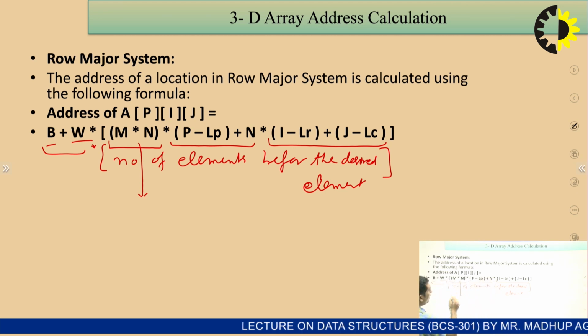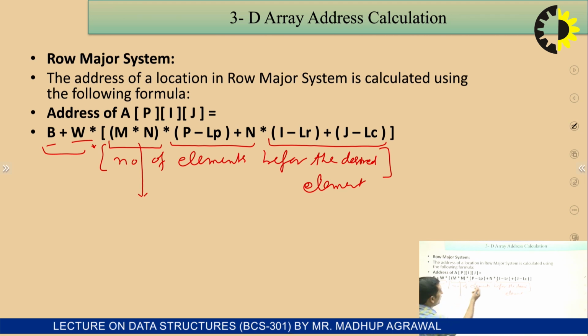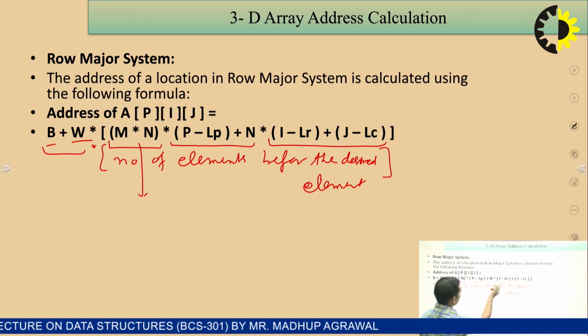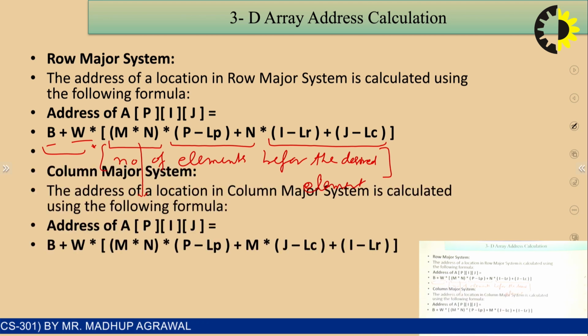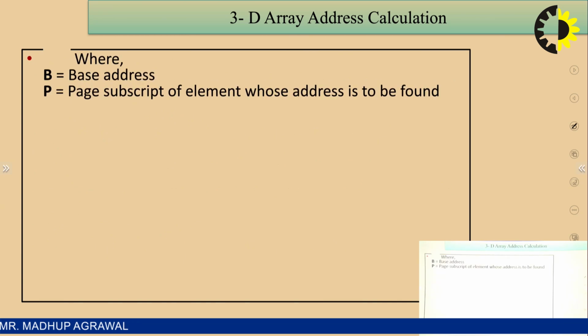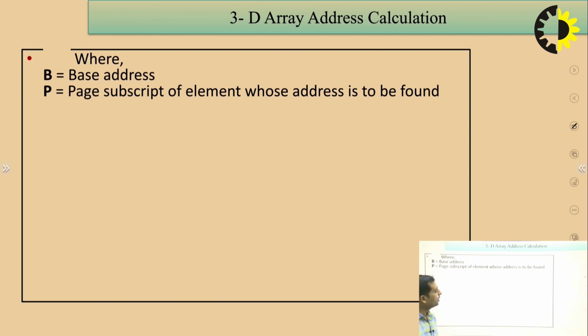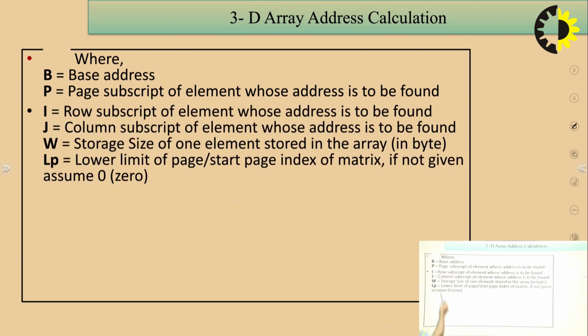So, what is m into n? First, we see what is m, what is n, what is LP, and so on. What is LR, what is LC? B is the base address, and P is the page subscript of the element whose address is to be found, as we have seen, and I is the row subscript, and J is the column subscript of the element.